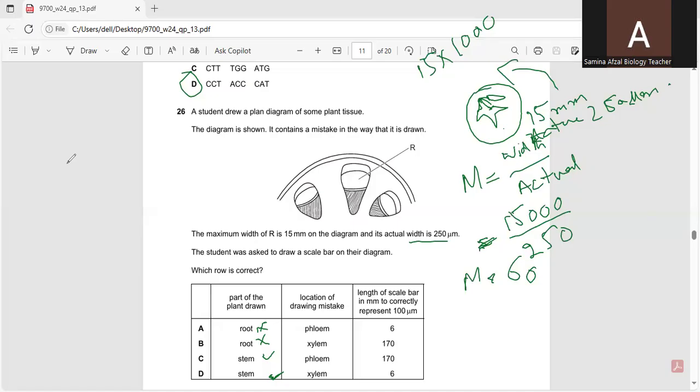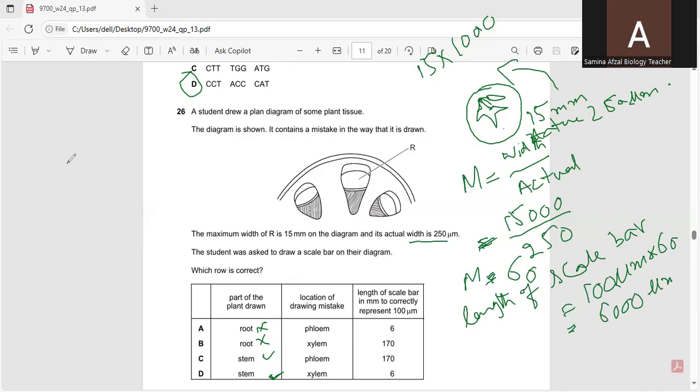So calculate the length of the scale bar for 100 micrometer. The length of scale bar is equal to 100 micrometer into 60, so it will be equal to 6000 micrometer.